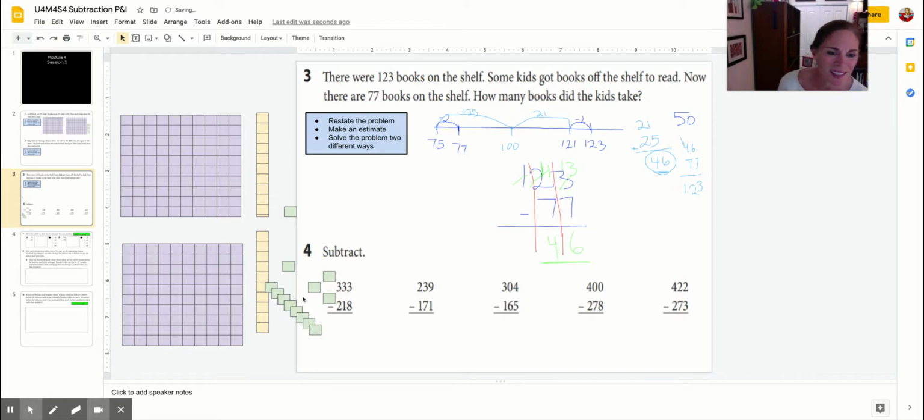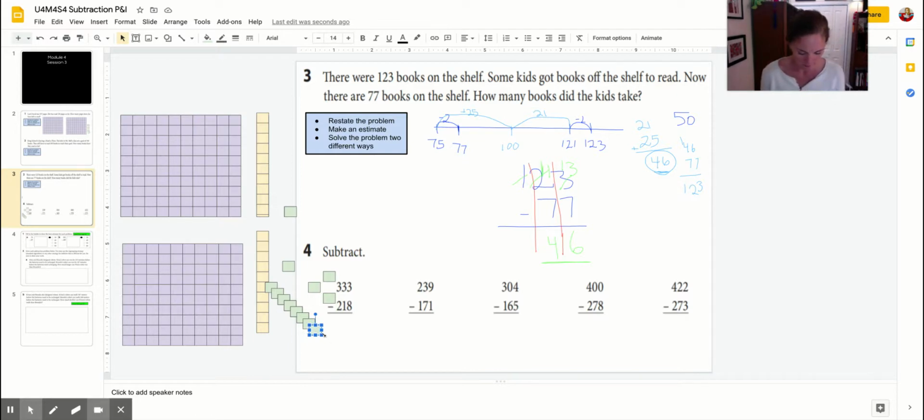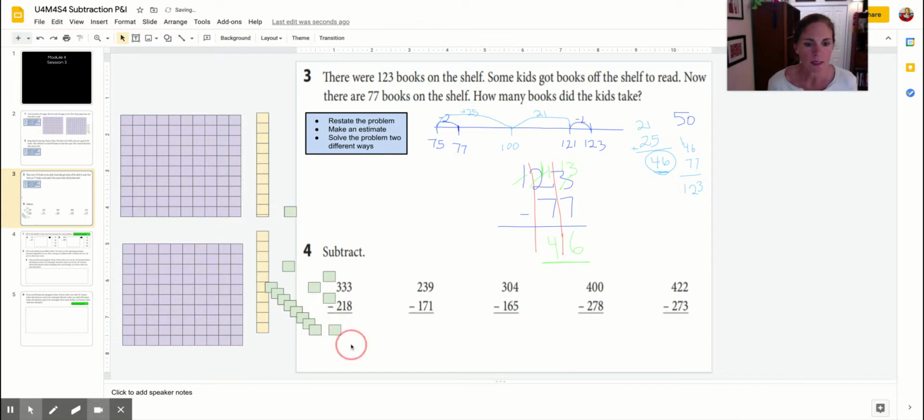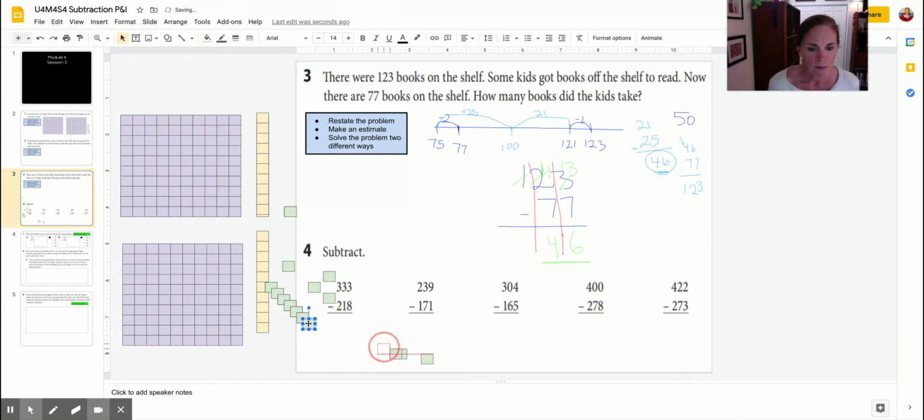This is not working. What the heck? Wait a minute. 1, 2, 3, 4, 5, 6, 7, 8, 9, 10. All right, so we're going to take 1, 2, 3, 4, 5, 6, 7. They just keep multiplying.